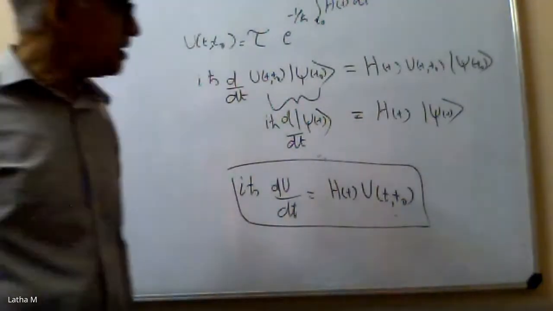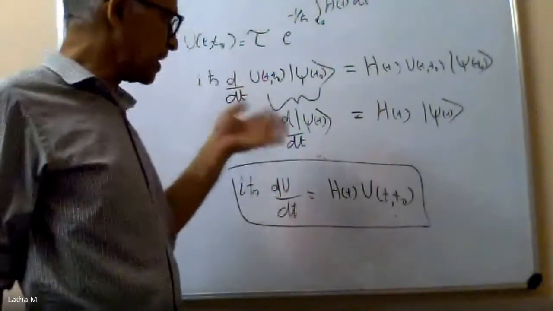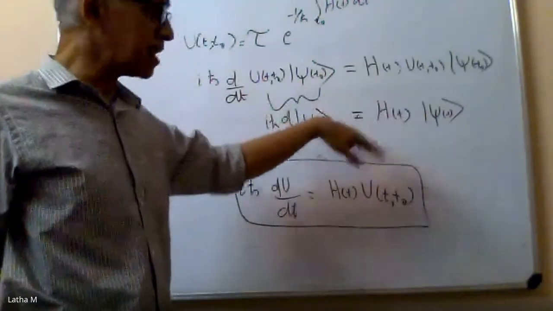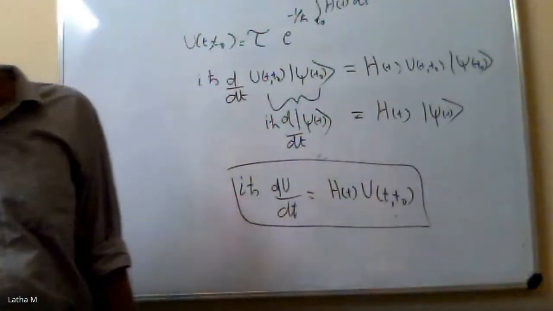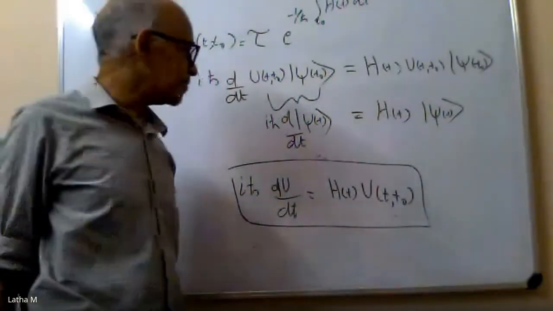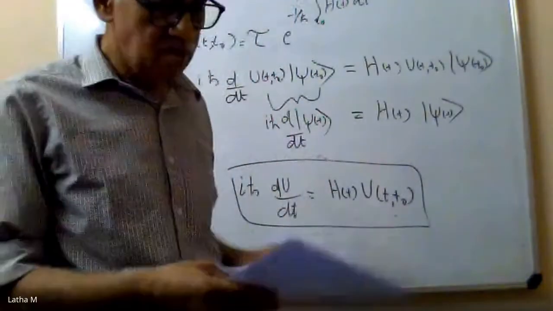And this equation is applicable even in relativistic quantum mechanics. In relativistic quantum mechanics, we replace this Hamiltonian with an appropriate Hamiltonian, then we get the equation called the Dirac equation and all that. This is the time-dependent Schrodinger equation.